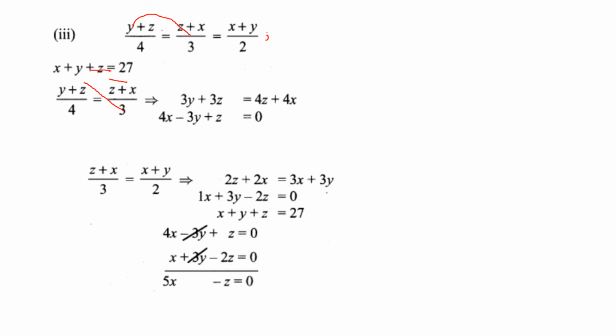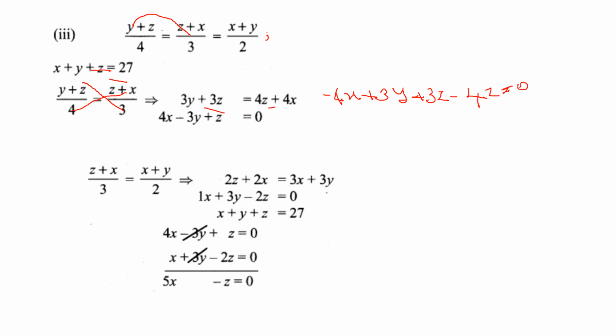We get 3 into y, 3y, plus 3 into z, 3z, equal to 4 into z, 4z, plus 4 into x, 4x. Separating the variables on the left hand side: minus 4x plus 3y plus 3z minus 4z equal to 0.